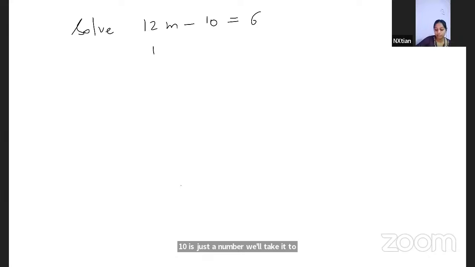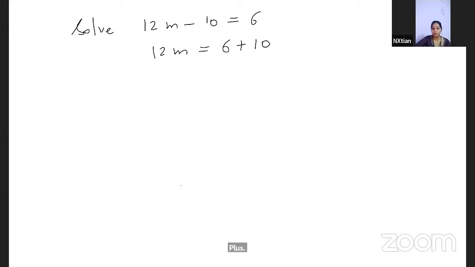So it becomes 12m equals, now the minus sign changes to a plus sign, 6 plus 10. Okay, so we add them, 12m equals 16. Now divide 16 by 12 to find the value of m. Okay, we can divide it.